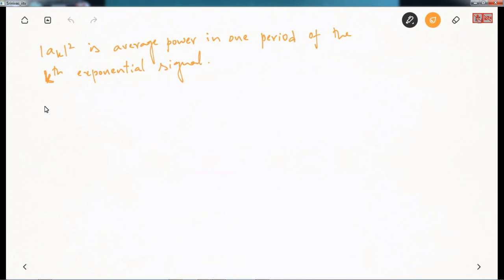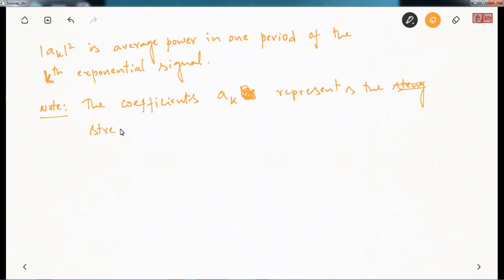Note the quotient ak represents the strength of the kth complex exponential in x of t.